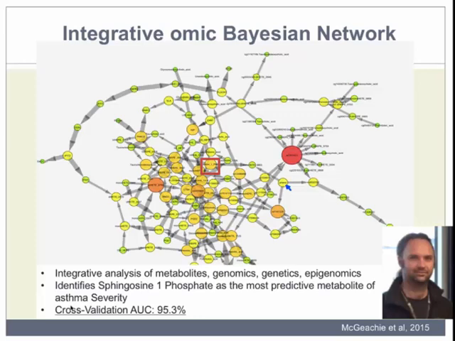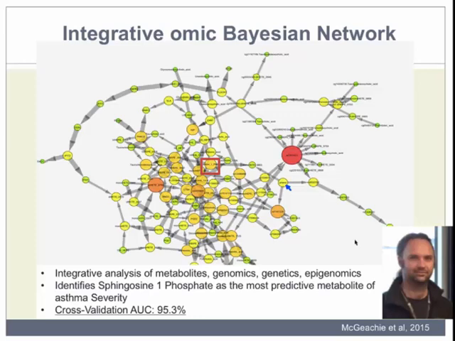And the first bit of work is this work that I did with my colleague Mike McGeachie here, where he really did probably the first integrative omic approach for looking at asthma that I think has been published using metabolomics as well. And what we did in this analysis was we took epigenetics, genetics, genomics, and metabolomics.